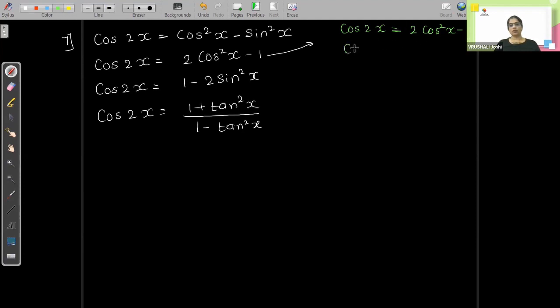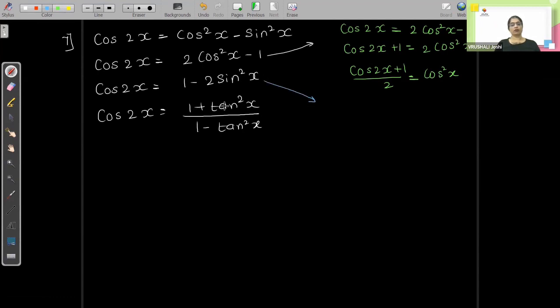See, that means we can say cos 2x plus 1 is equal to 2 cos square x. That means cos 2x plus 1 by 2 will give you the value of what? It will give you cos square x. Correct? That means with one formula, you can find out few more. We use this a lot in the sums that we are going to solve.